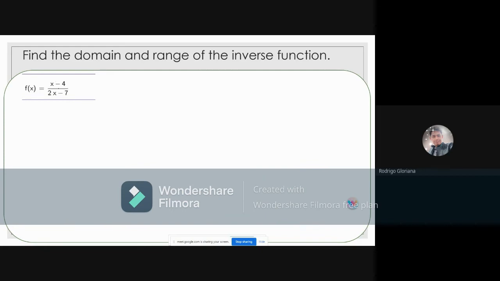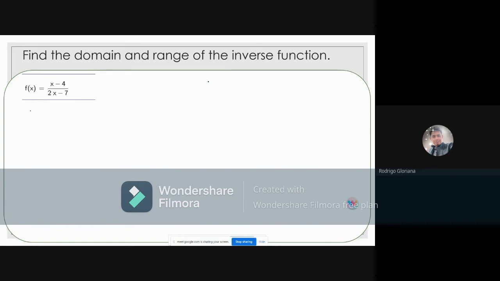So this is your f of x: x minus 4 over 2x minus 7. Let us solve first for the domain of the given function. Since that is a rational function, we state that the denominator should not be equal to 0.